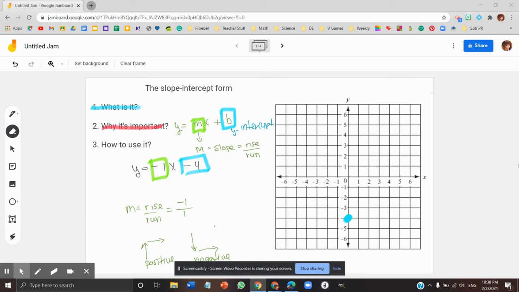So it's going to rise negative times up, right? So that means it's going to go down once. And it still has a run of 1. So that means it's going to go to my right once. Therefore, I have my second point right about there.